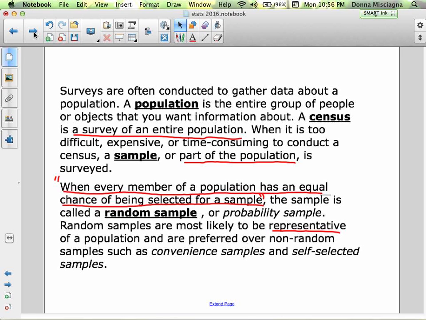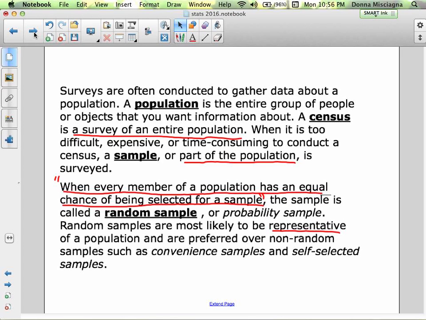So the government, for instance, conducts a census every 10 years. And that's where they go out and they get information on everybody who lives in the country. That way they have information about how many people live in different cities and what kind of resources people need, so they can better meet the needs of the citizens.